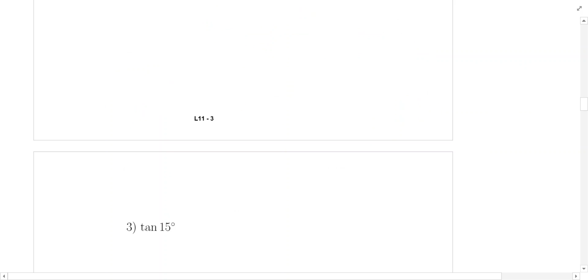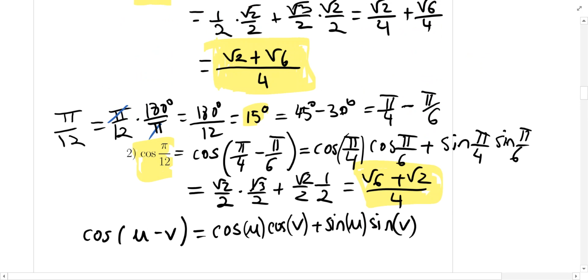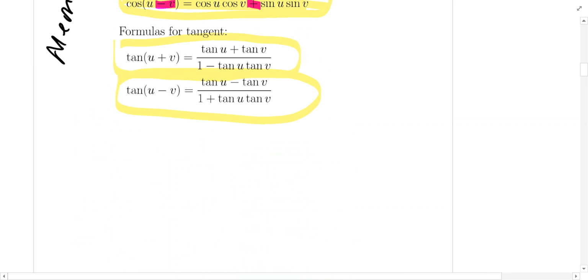Okay, so let's see. What about tangent? Again, tangent of 15 degrees. I can write it as tangent of 45 degrees minus 30. According to the formula for tangent, it is a little more complicated.